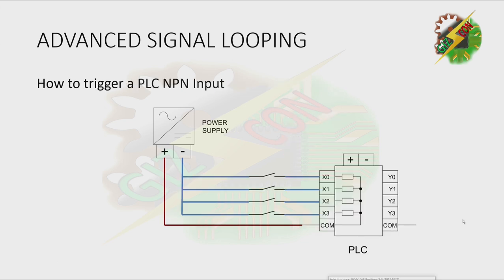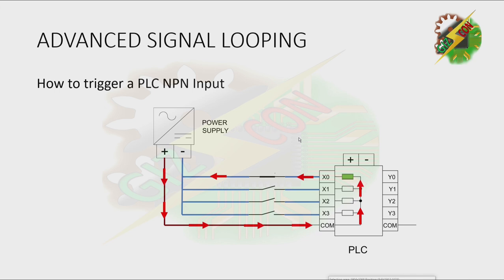And now, how to trigger a PLC NPN input. First, we can assume that these loads here are non-polarized. For the NPN configuration, the first switch here is closed, and that will allow the current to flow from our power supply, from our common terminal.